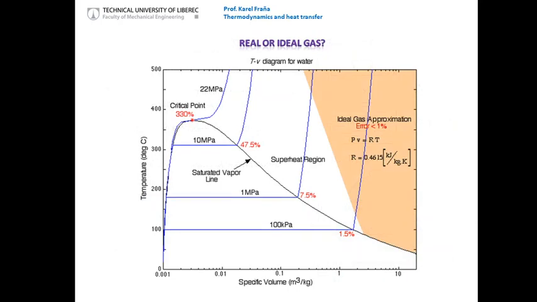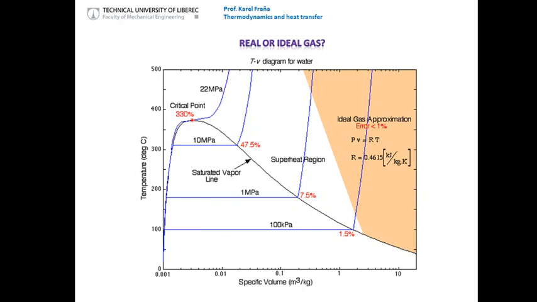Now we can go back and look at how far we can use the equation for the ideal gas approximation. Maybe you remember that in the first course I warned you that you cannot use the ideal gas approximation for any gas. There are strict rules for where you can use it and where not.